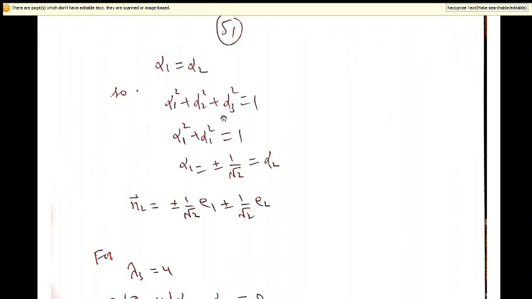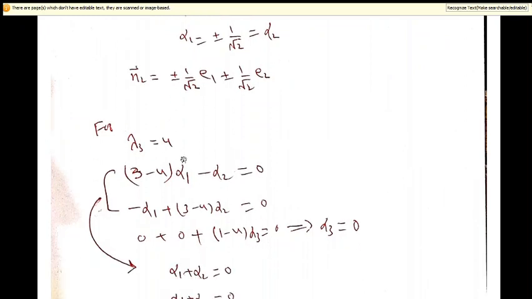Since alpha 3 equals 0, we can write alpha 1 square plus, instead of alpha 2 we are using alpha 1, so 2 times alpha 1 square is equal to 0 - no, equal to 1. So alpha 1 is plus minus 1 over square root of 2, and alpha 2 will also be equal to it, because alpha 1 and alpha 2 are equal. So the second unit vector is n2 equals plus minus 1 over root 2, plus minus 1 over root 2, 0.